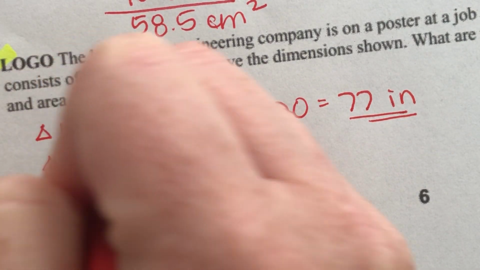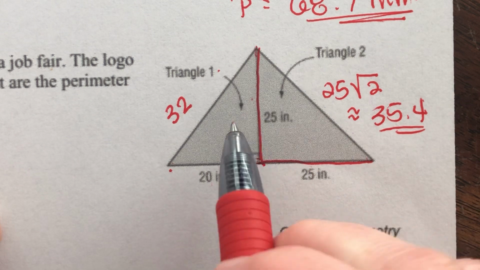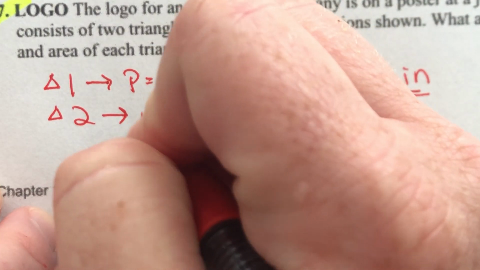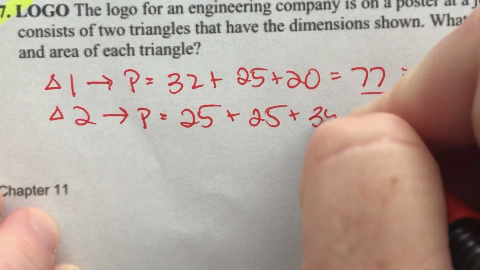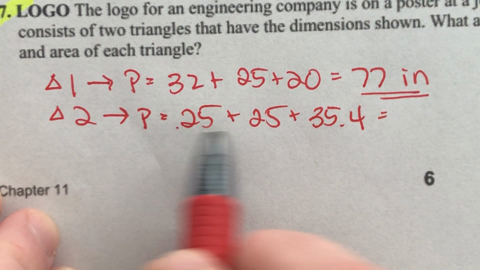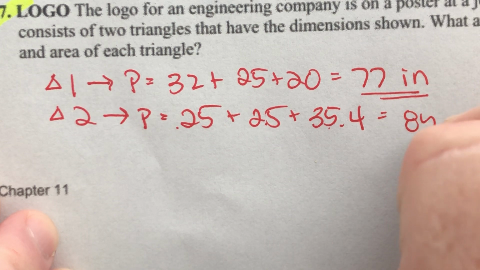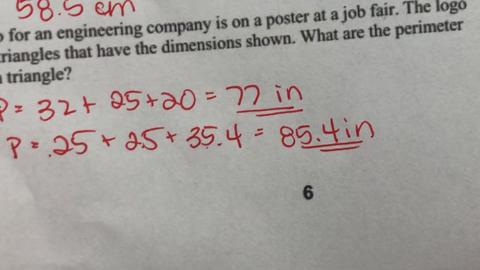For triangle 2, the perimeter was 25 plus 25 plus about 35.4, so that's about 85.4, because this and this is 50, plus 35 is 85.4 inches. Okay, so we have the perimeter of each triangle.